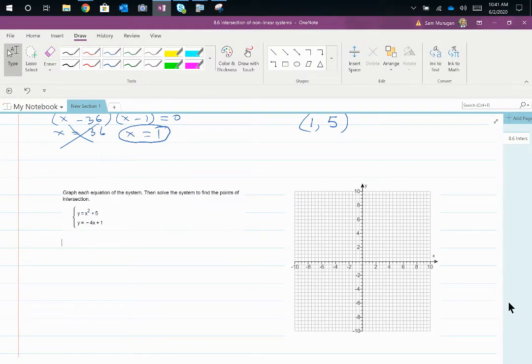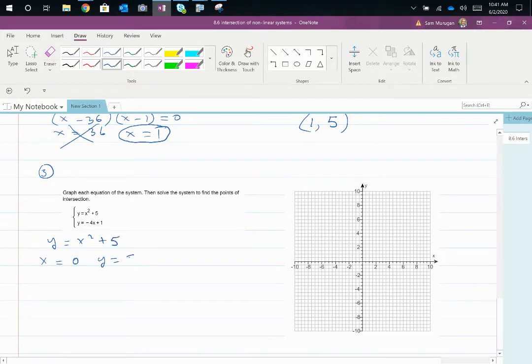So this is question 3. The first graph is y is equal to x squared plus 5. So when x is equal to 0, y is equal to 5. And then we need 2 points, perhaps 2 on the left and 2 on the right.